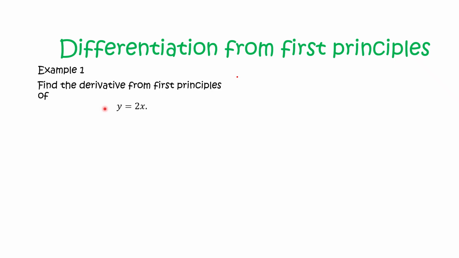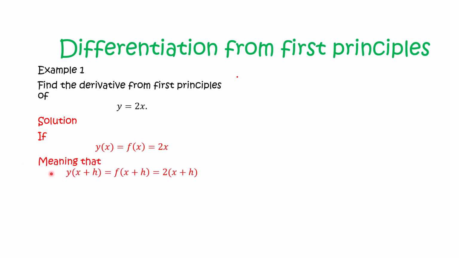Find the derivative from first principles of y is equal to 2x. The solution. If y of x is equal to f of x is equal to 2x, this means that y of x plus h is equal to f of x plus h, which is equal to 2 times x plus h.